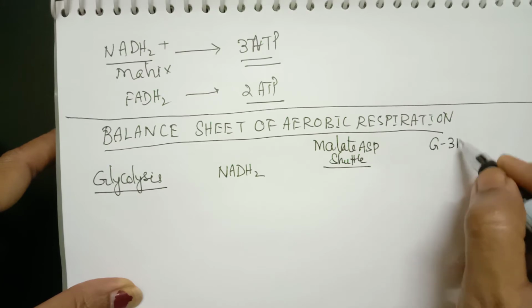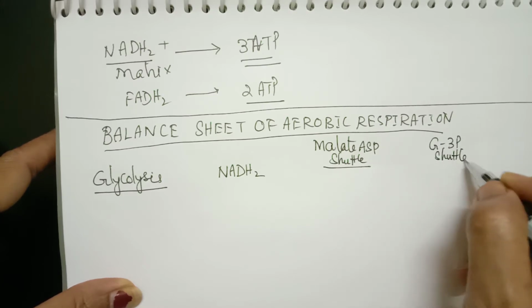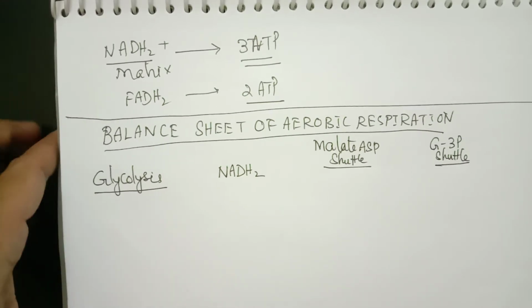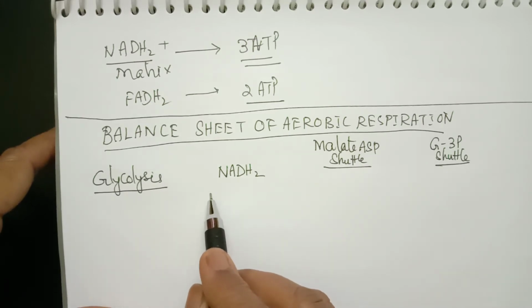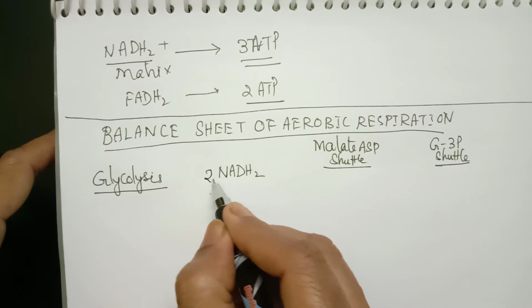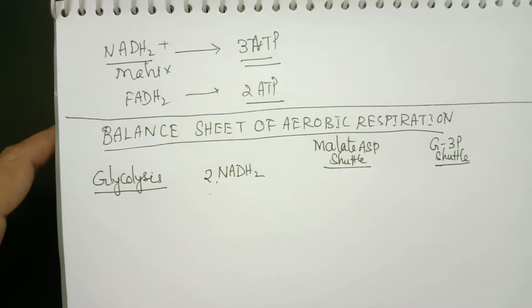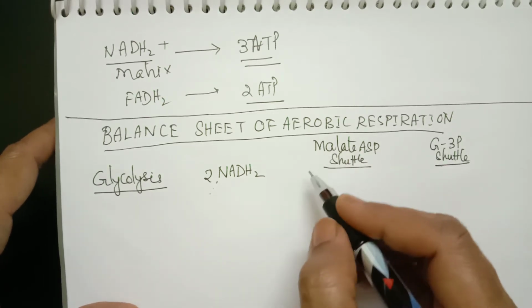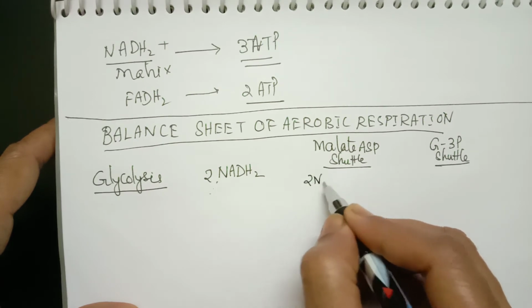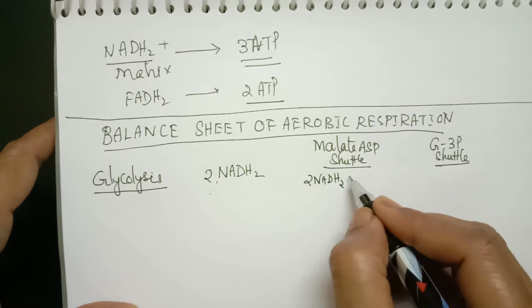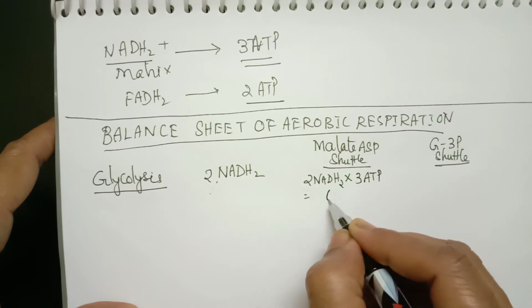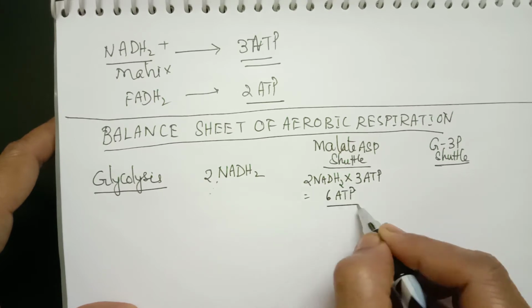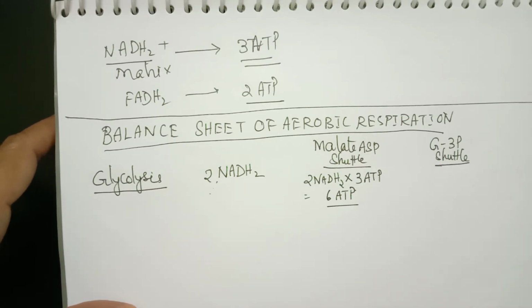In glycolysis, 2 NADH2 are formed. If it is the malate aspartate shuttle, 2 NADH2 into 3 ATP means a total of 6 ATP will be formed.